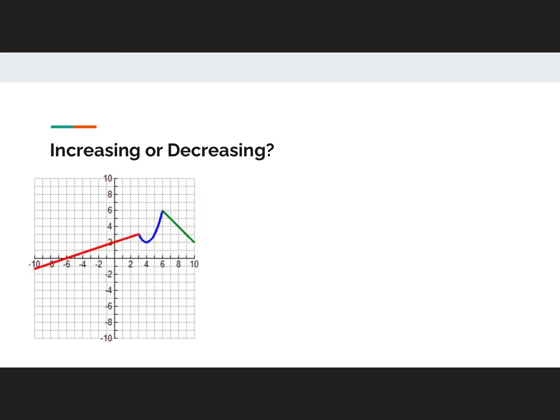And one more real quick. Here, we have portions that are increasing, portions that are decreasing, and we actually have, in this one, a linear section, a non-linear section, and another linear section. So the red portion is increasing.